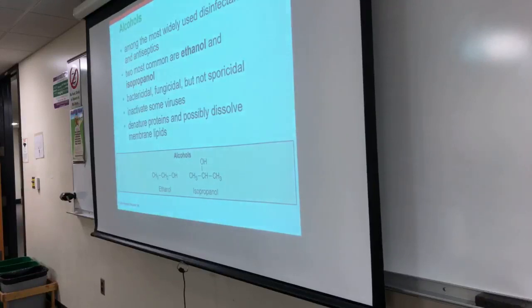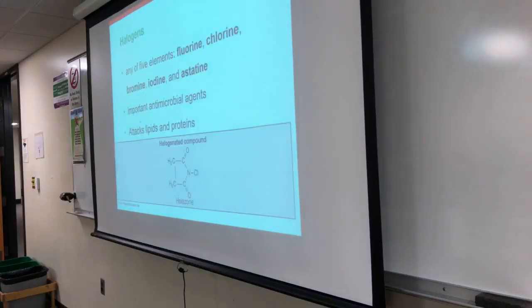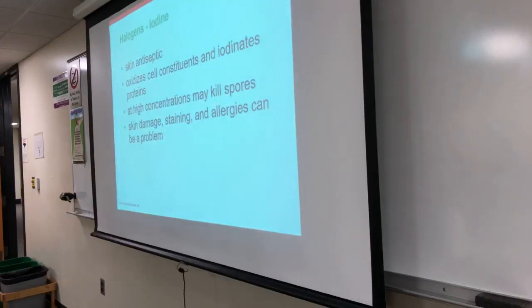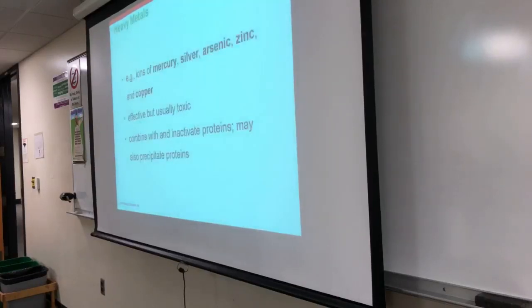Alcohols, just know ethanol, isopropanol. These are pretty strong disinfectants. The halogens, which ones do you need to know about? I would want to know about chlorine and iodine. Heavy metals are toxic to microorganisms.